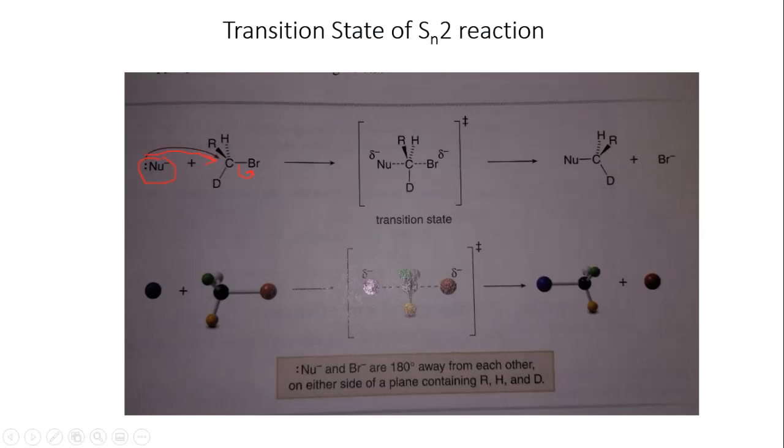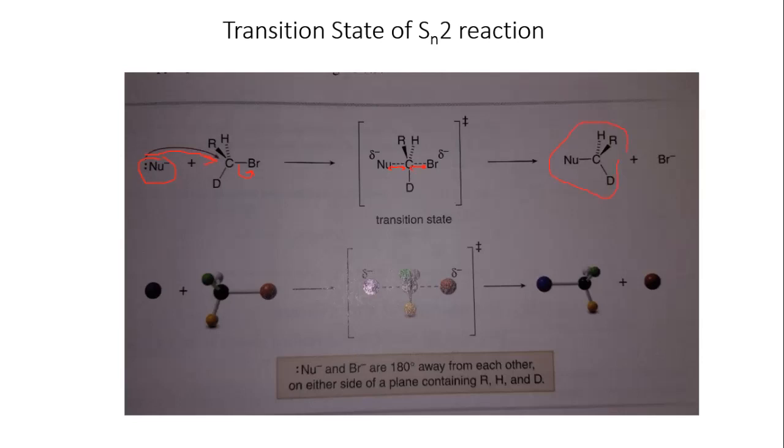At the transition state, the carbon-bromine bond is getting longer, and a bond is starting to form between the carbon and the nucleophile, whereas the bond between the carbon and the halide is starting to elongate. So that's what's occurring at the transition state. The bromide leaves from the front, the nucleophile attacks from the back, and we get our substitution reaction.